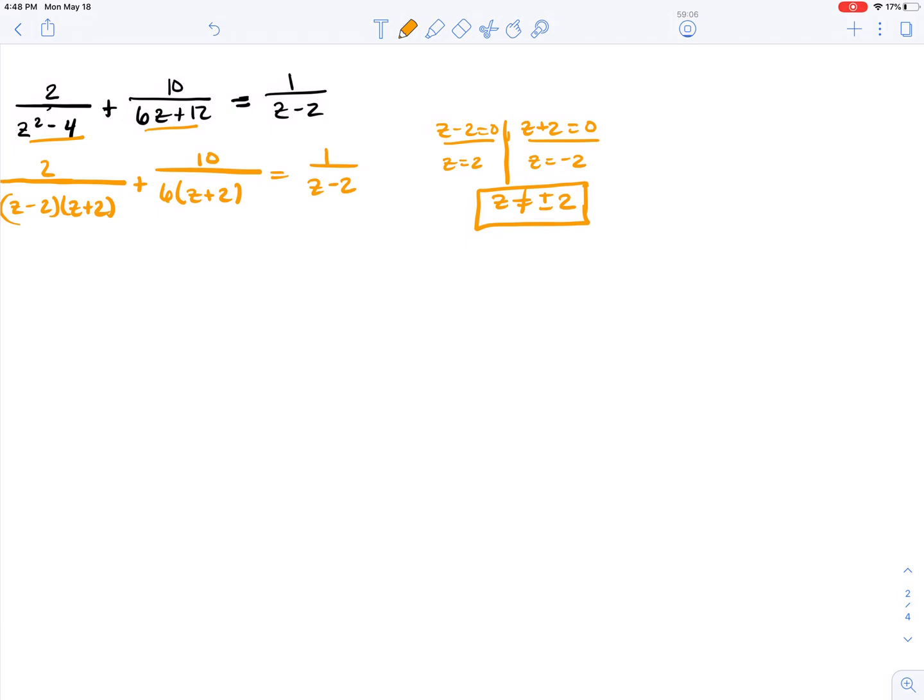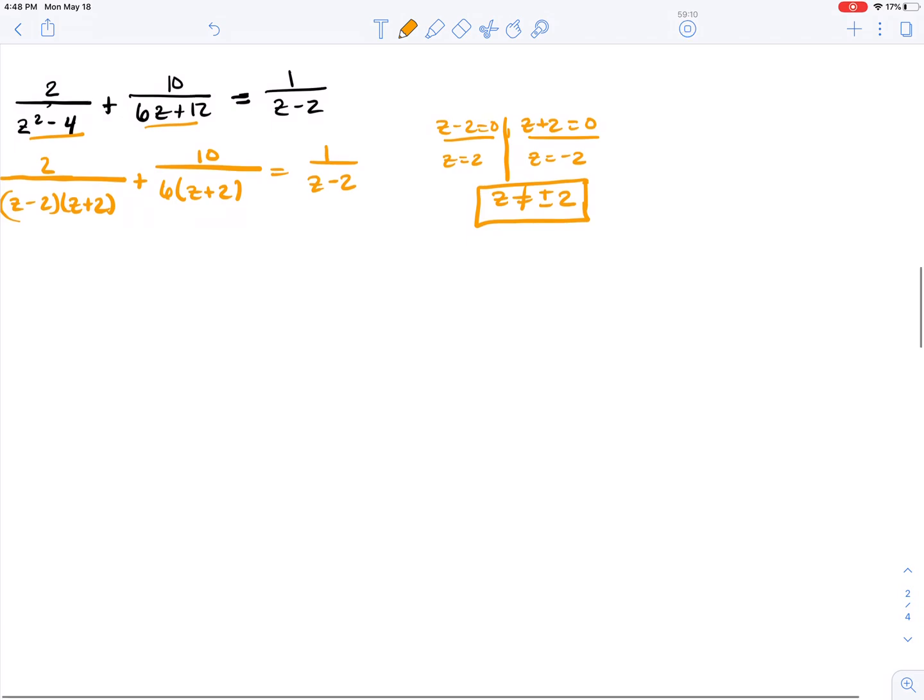That's step number 2. Let's multiply both sides of the equation by the LCD. I have z minus 2, z plus 2. I have another z plus 2, and that's 6, and I have a z minus 2. So my lowest common denominator is 6 times z minus 2 times z plus 2.